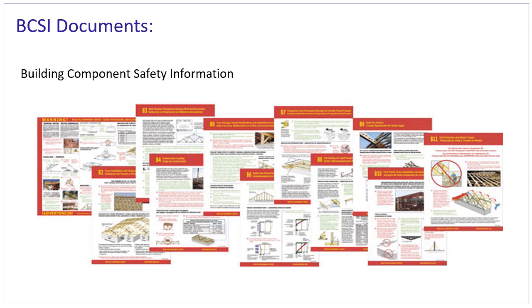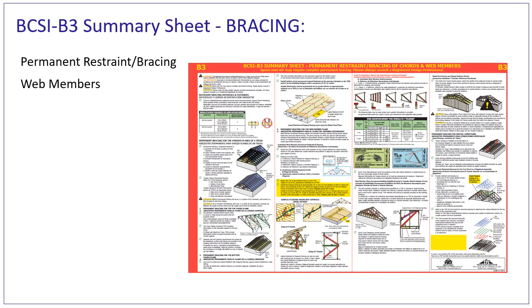The truss industry provides bracing guidelines, building component safety information, BCSI, which includes recommendations for permanent bracing, BCSI B3. The B3, shown here, describes recommendations on bracing and restraints, unless otherwise specified by the engineer of record for the structure.